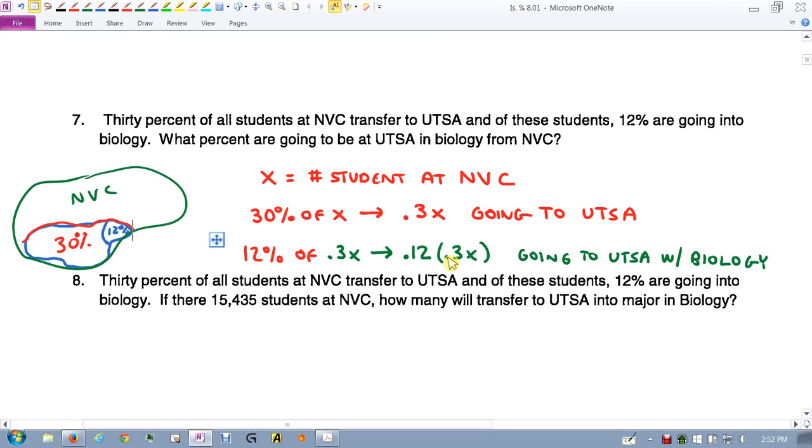0.036x. I'm running out of room. This right here becomes 0.036x. What does that mean as a percentage? 3.6%.